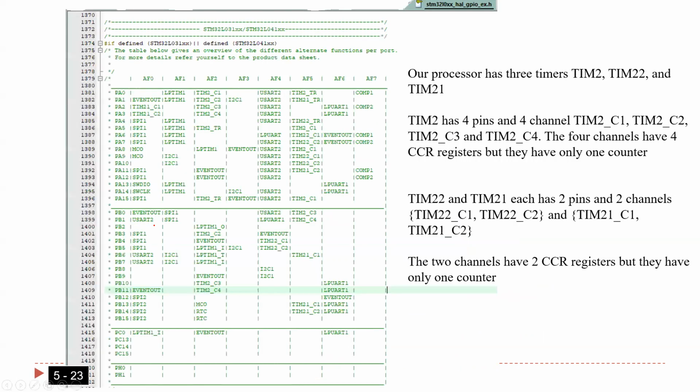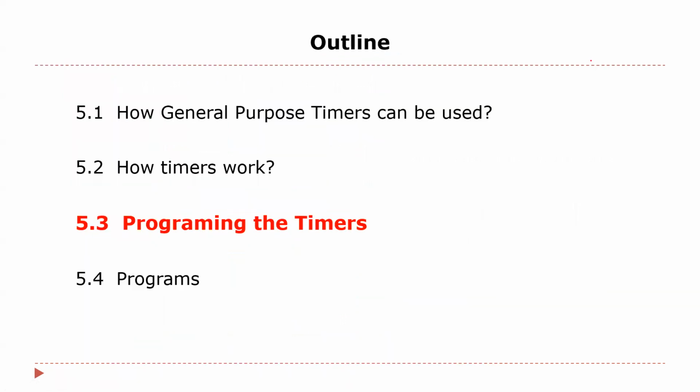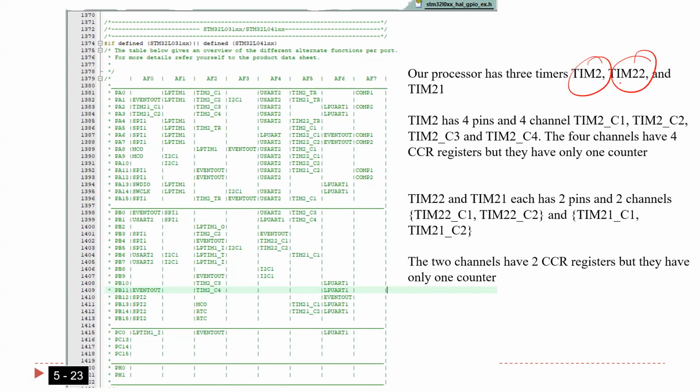Okay. The last thing here is that for our microcontroller, we don't have only one timer, we have 3 timers. You should be very happy. We have timer 2, timer 22, timer 21. So we have 3 timers.